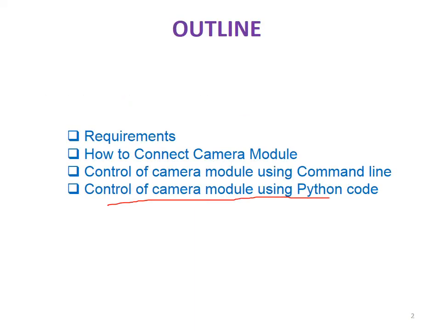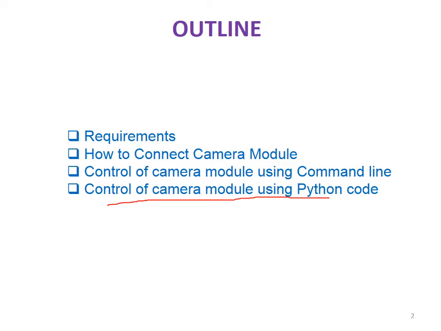Before we go to those points, first of all let me share the outlines. Here you can see some of the requirements. Then the next point we are going to cover is how to connect the camera module.